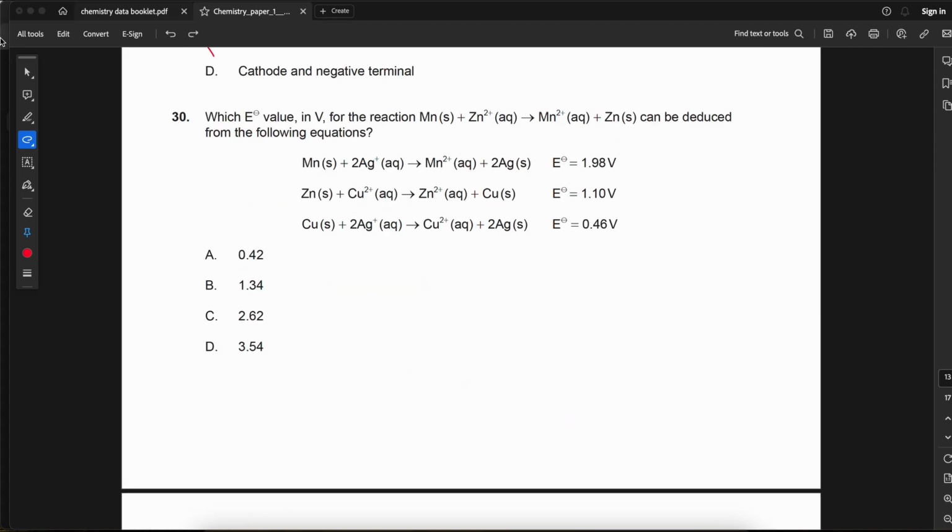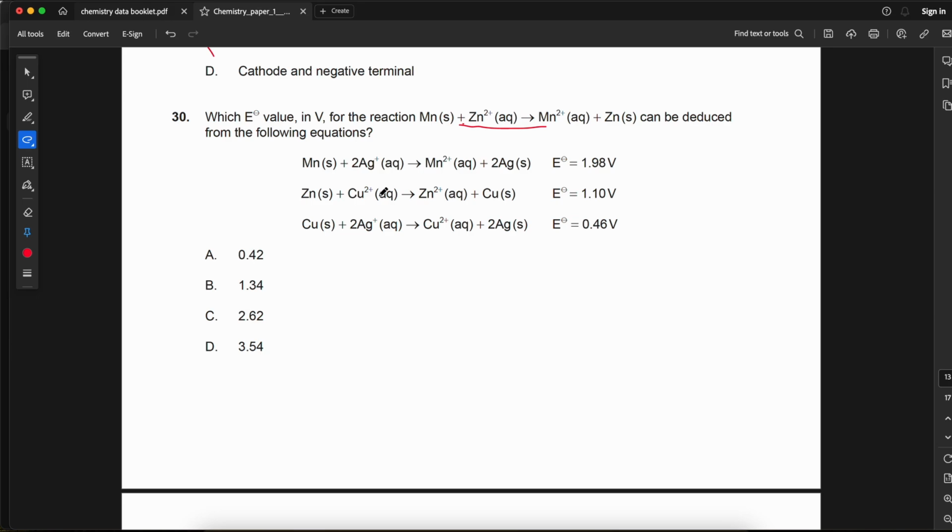Which E value in volts for the reaction Mn(s) + Zn2+(aq) produce Mn2+(aq) and zinc solid can be deduced from the following equations? So we need this only from these three. As you can see, Mn solid is on the left side, and Zn2+ is on the left side.